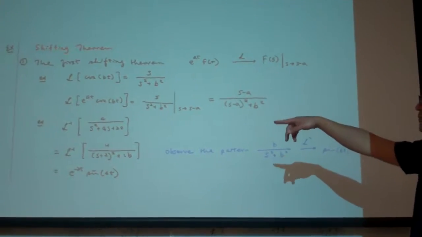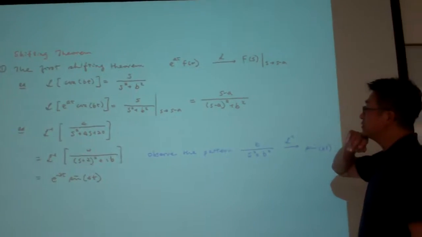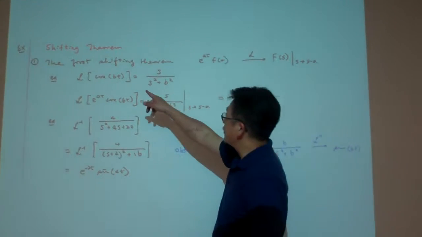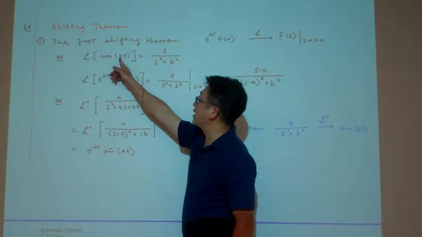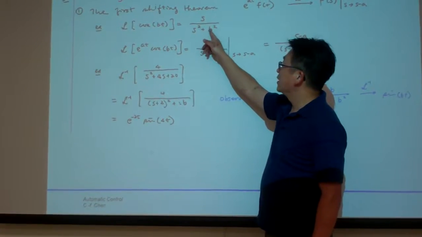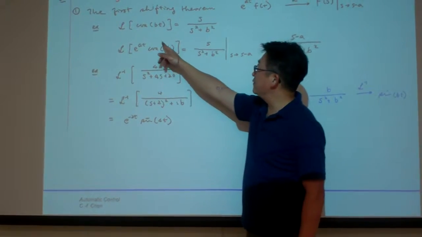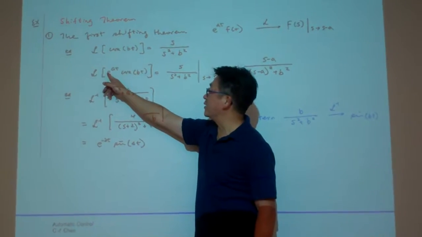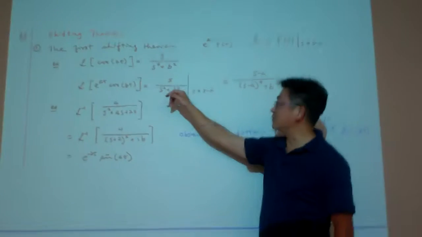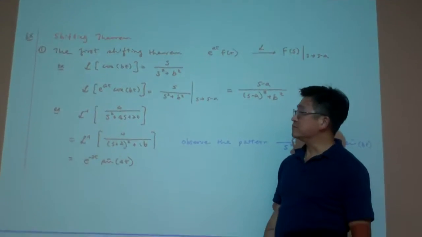Here is our exercise, using the shifting theorem. For example, say we know the Laplace transform of cosine is this form. If you pre-multiply this cosine with certain exponential functions, then its Laplace transform is this.